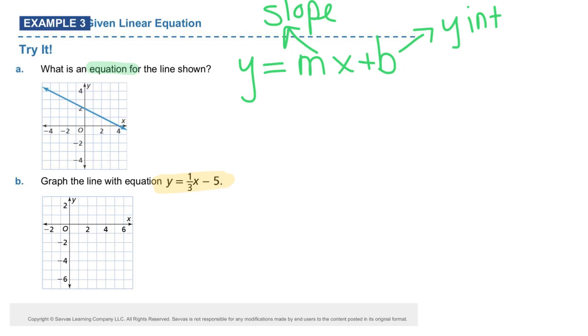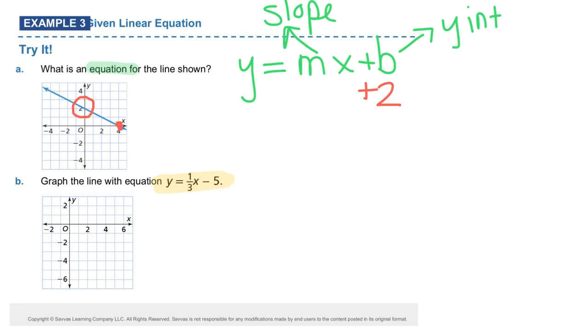All right, let's look at A. It looks like I'm crossing, oh, wrong one. Hold on. Let me undo that and get a pen. Okay, so it looks like I'm crossing the y-axis at the number 2. No jokes about that one, please. And then I am falling. Let me pick a dot right there.